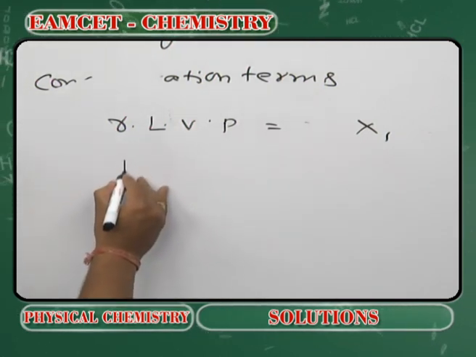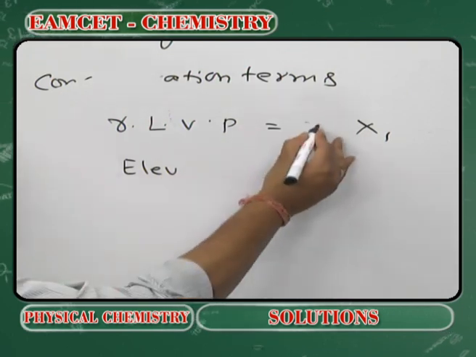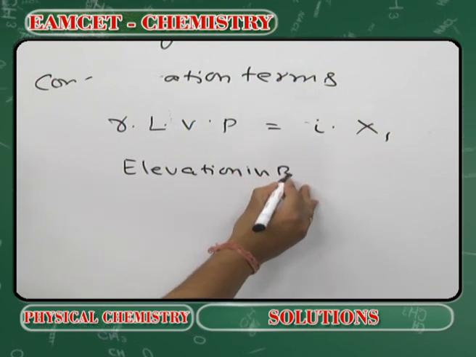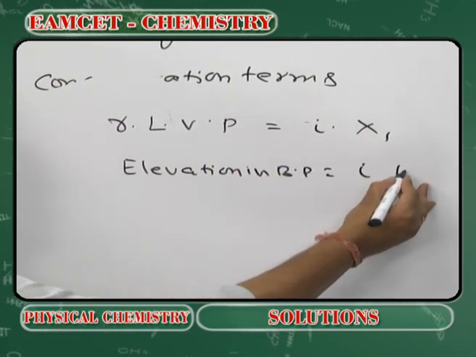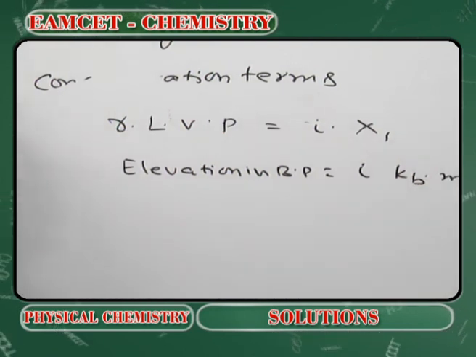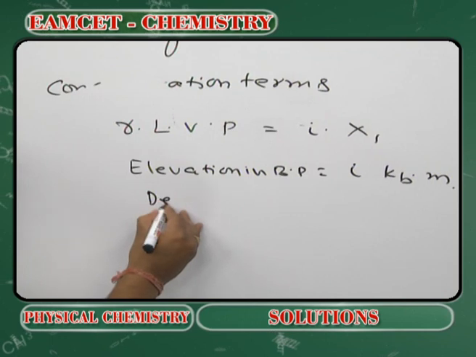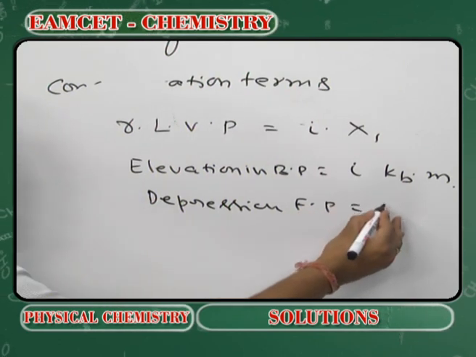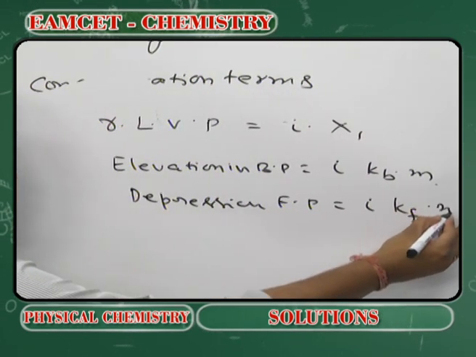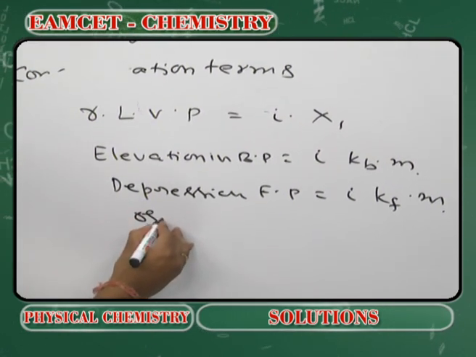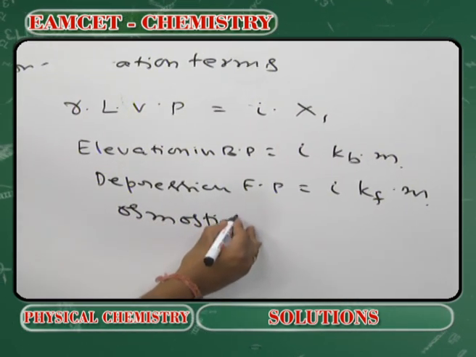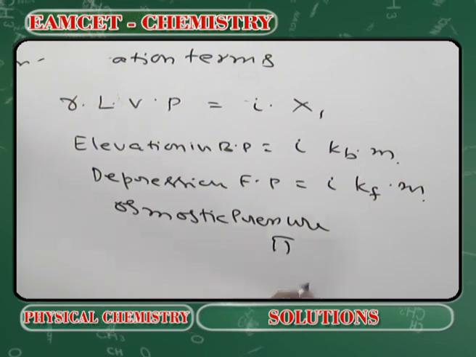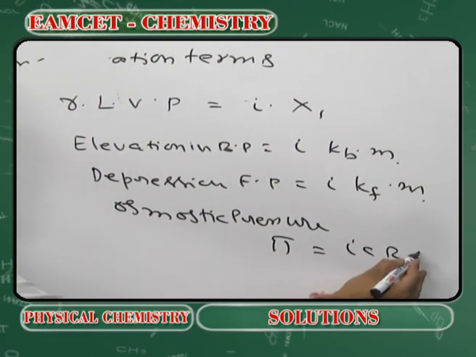Next, elevation in the boiling point is given by the expression i into Kb into m, and depression in the freezing point is given by the expression i into Kf into m. Osmotic pressure is calculated by using the relation: osmotic pressure, represented by pi, is equal to iCRT.